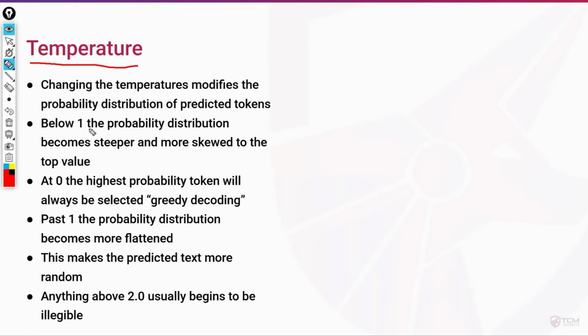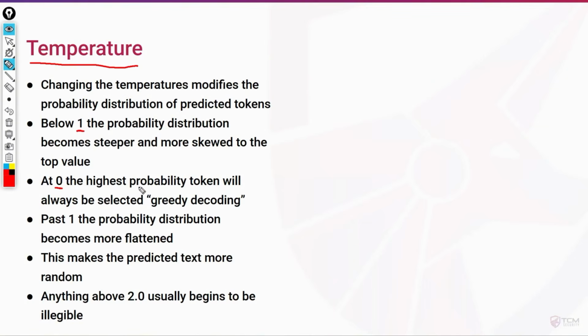So if we change the temperature, that changes how the probability distribution plays out. If we change the temperature below 1, then the probability distribution becomes steeper and more skewed to the top value. The ones with higher probability are bumped up even higher, and the ones with lower probability are brought down even lower. If we keep going down below 1 to 0, this essentially means we are doing greedy decoding, because the highest probability token is always selected.